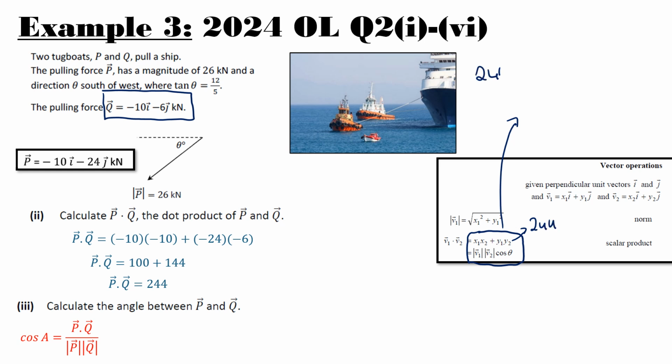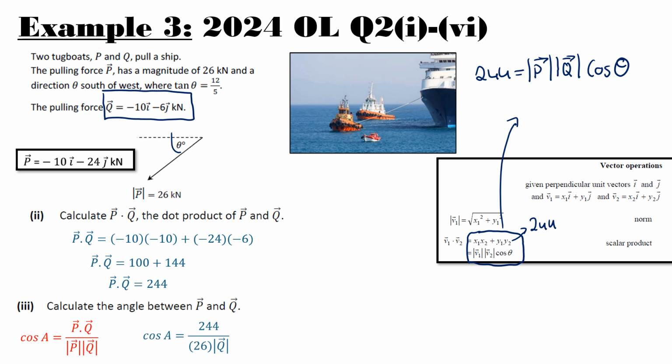So you could say 244 equals magnitude of P, magnitude of Q, cos theta, and then rearrange as you need to. That's fine. I've actually used A here for the angle because theta was used as the angle for P to the horizontal. So cos of our angle A is 244 over 26 times the magnitude of Q.